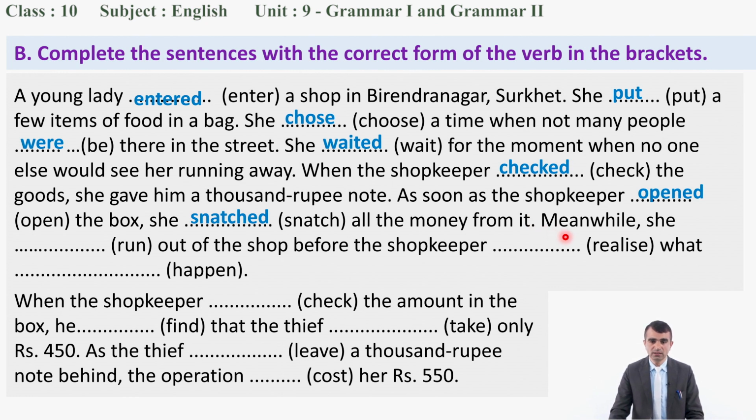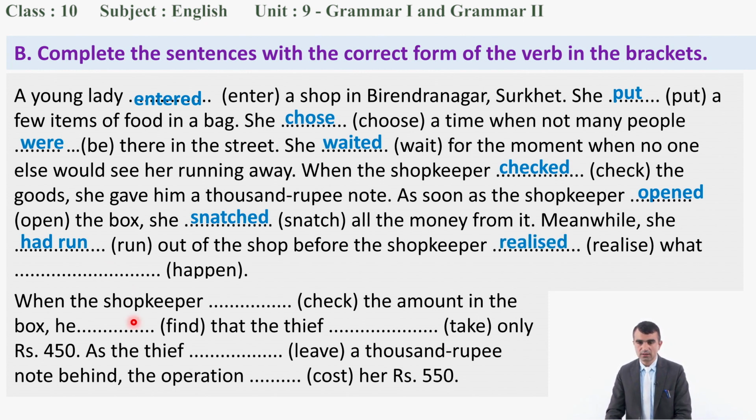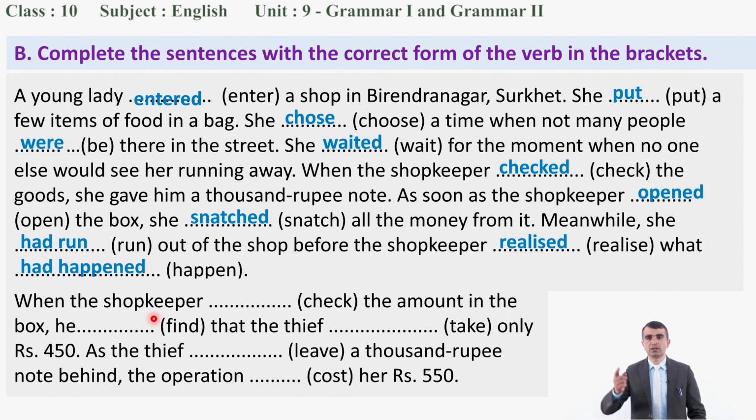Meanwhile, she had run out of the shop before the shopkeeper realized. Good. Realized what had happened. Okay. She had run out before he realized. Already that had happened. Well, now when the shopkeeper checked, what do you write?